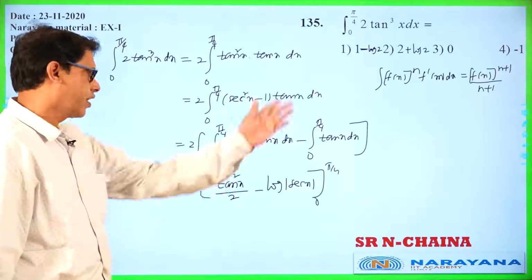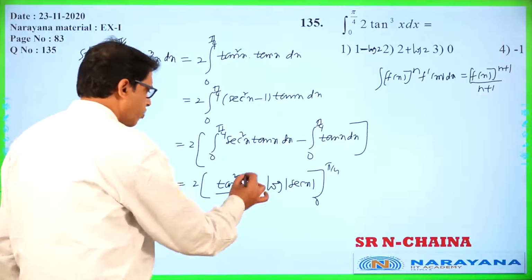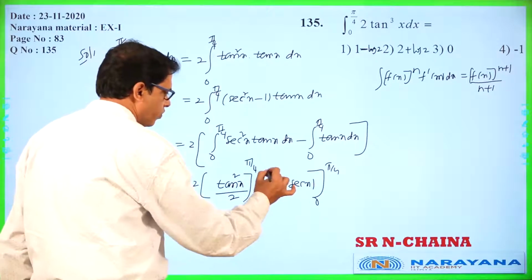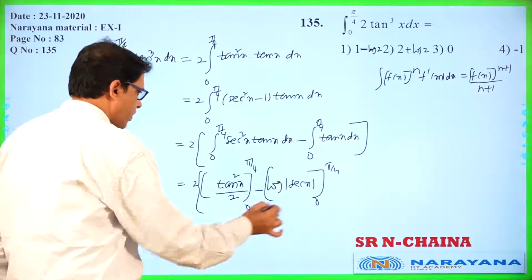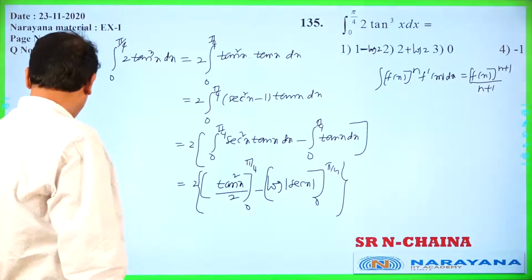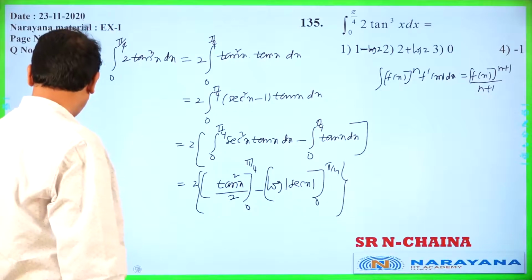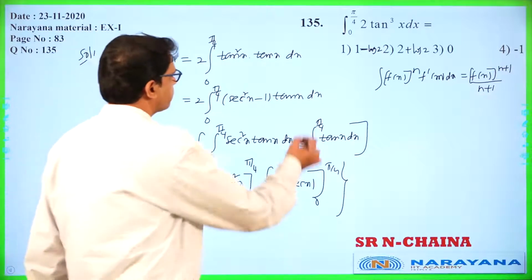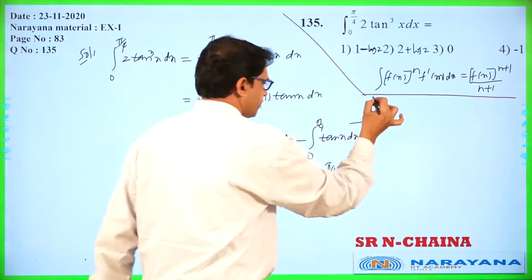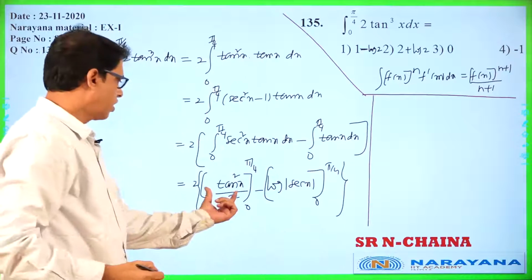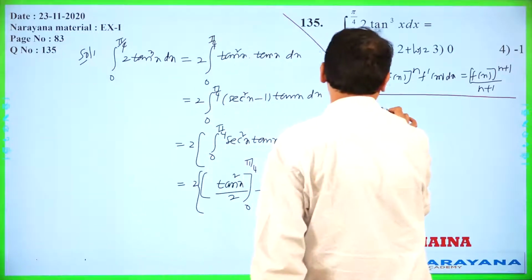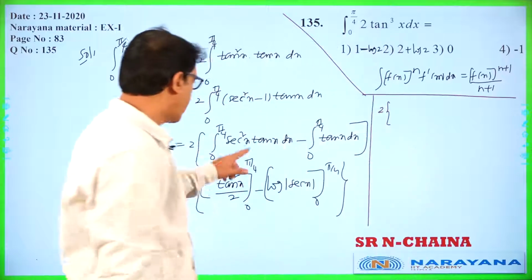I am applying them at a time, or you can apply separately, no issue. 0 to pi by 4, twice of. Okay. Now if you apply the limits, first apply the limits for this one. What do we get? So 2 into, apply the upper limit.